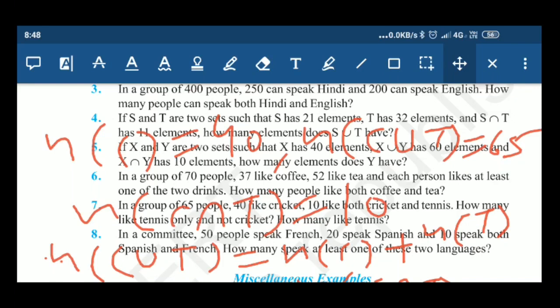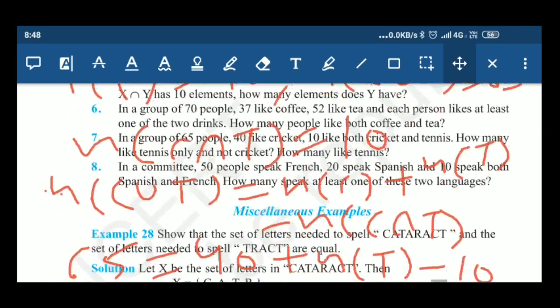Now I am going to start the solution of question number 7. Here what they have given: the number of people who play cricket is 40, the union of both is 65, and the intersection is 10.